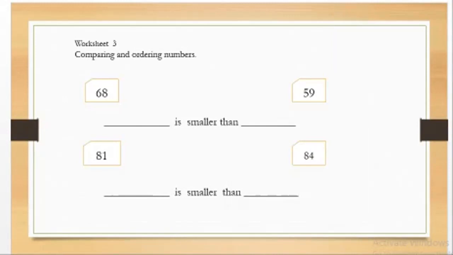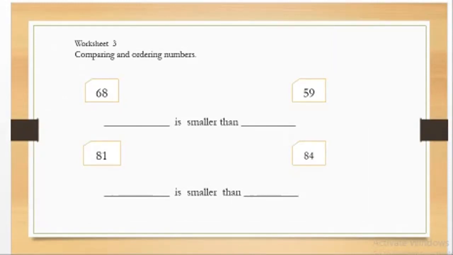The two numbers given here are 68, 59. So you are going to first find out which is the smaller number.